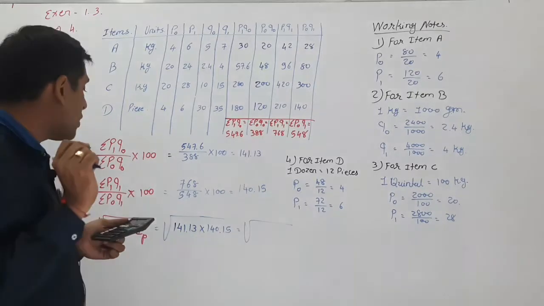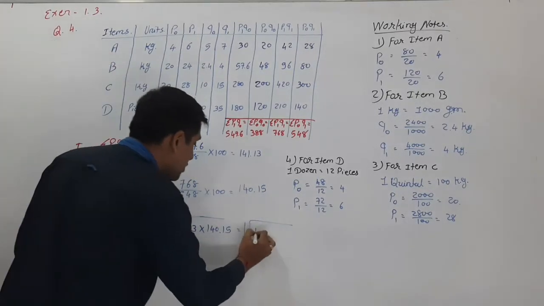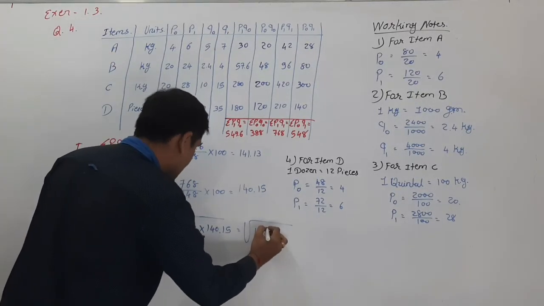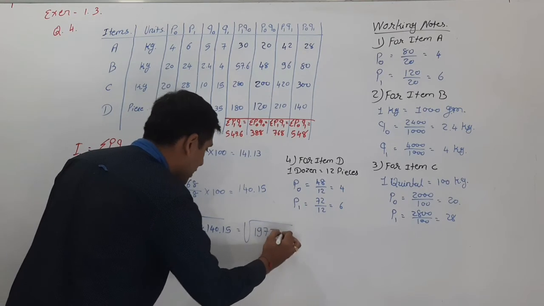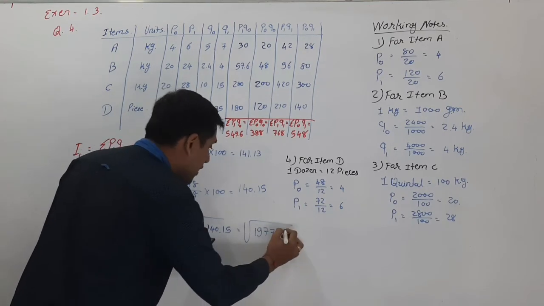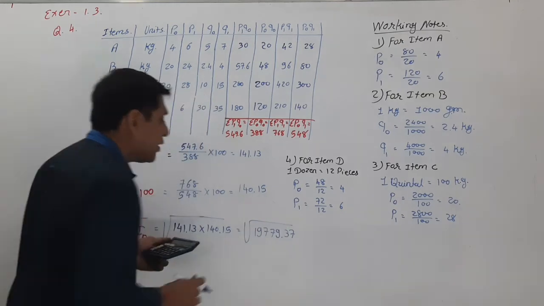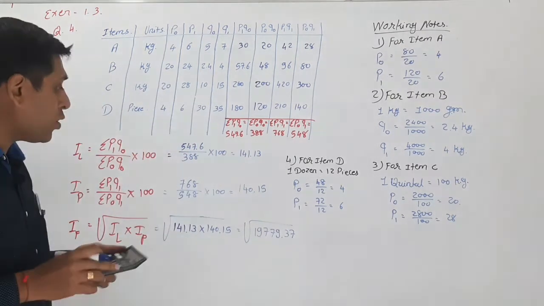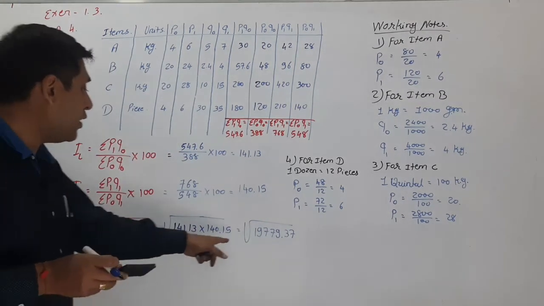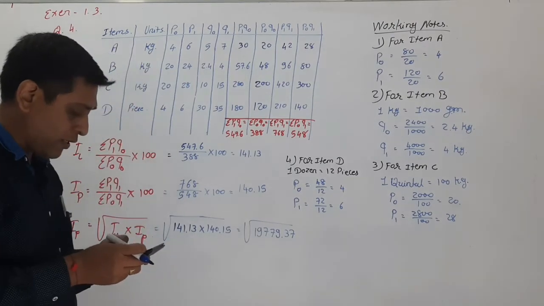Please be careful, this is not your answer. 19779.3695 is the product, but we have to find the square root of this. Don't write anything other than the square root, we have to find the square root first.